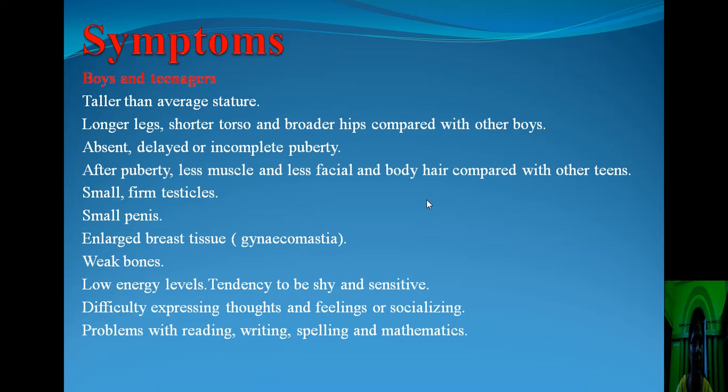Small firm testicles, small penis, enlarged breast tissue, weak bones, low energy levels, tendency to be shy and sensitive, difficulty expressing thoughts and feelings or socializing, and problems with reading, writing, spelling and mathematics.